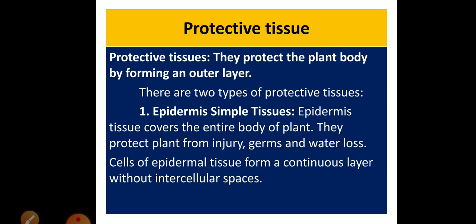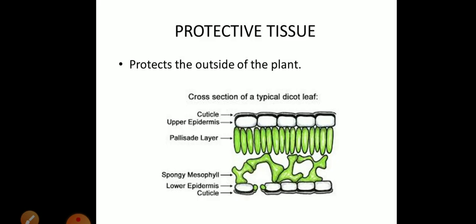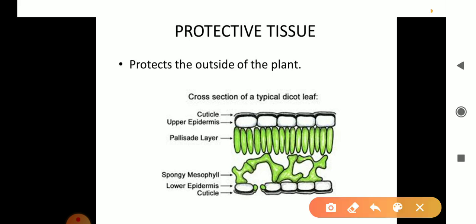Cells of the epidermal tissues form a continuous layer without intercellular spaces. I already told you there is no intercellular space in between the cells. Now you can see in this diagram the outer layer, the upper layer, this is the upper epidermis, this is the lower epidermis, and one more outer layer is there, that is called the cuticle, and on the lower side also the cuticle is present.